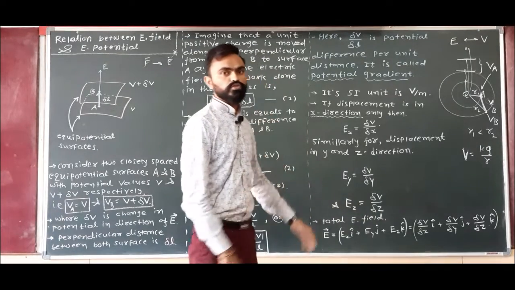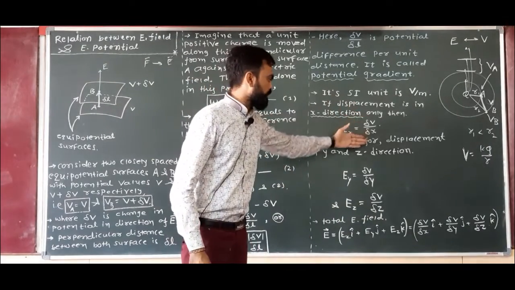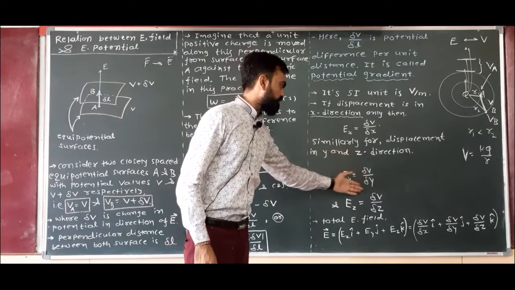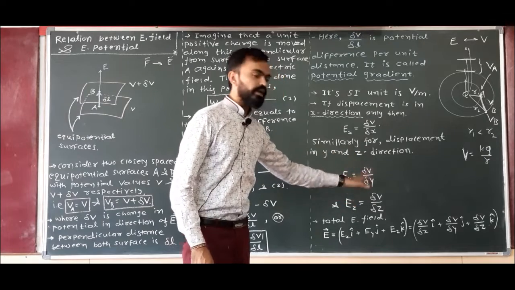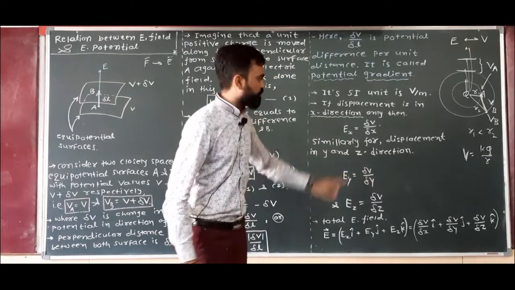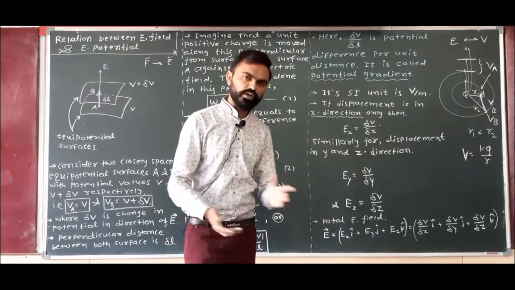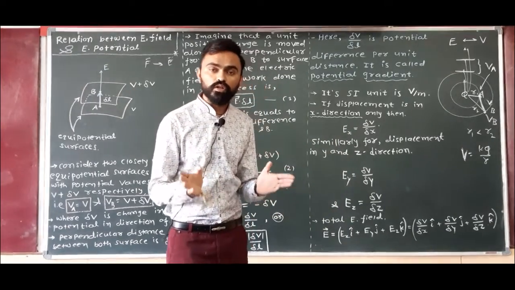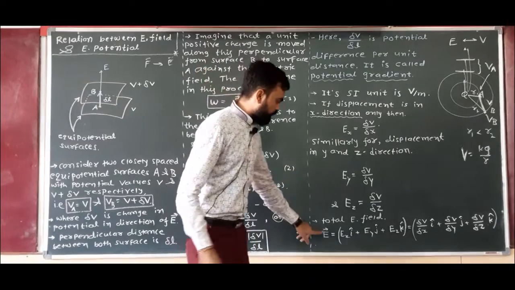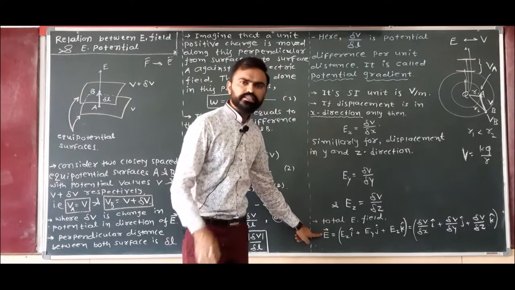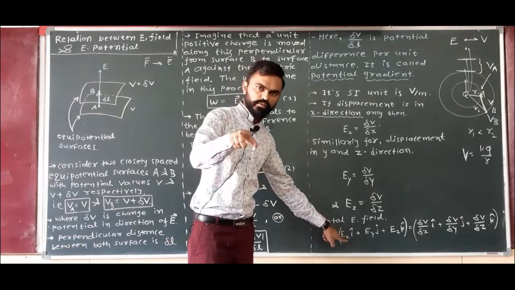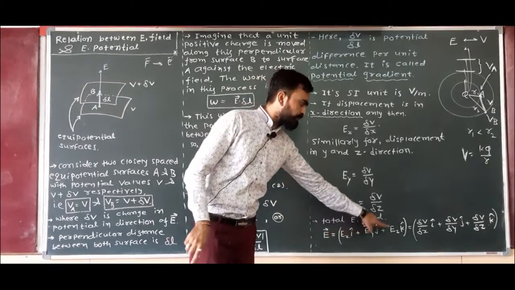You getting my point? So Ex is equal to delta V by delta x, Ey is equal to delta V by delta y, Ez is equal to delta V by delta z, right? These three components of electrical field we have, Ex, Ey and Ez, and we know vectorially how we add those all components together. Total electrical field is equal to Ex i cap plus Ey j cap plus Ez k cap.